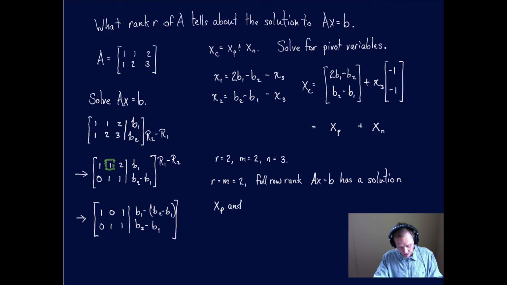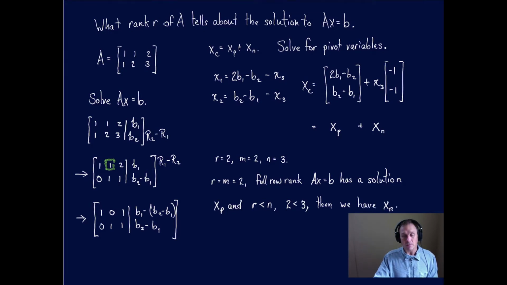And now let's talk about the columns. The columns tell us the other part. Notice that the rank is less than the number of columns. In other words, 2 is less than 3. When that's the case, then we have x null.